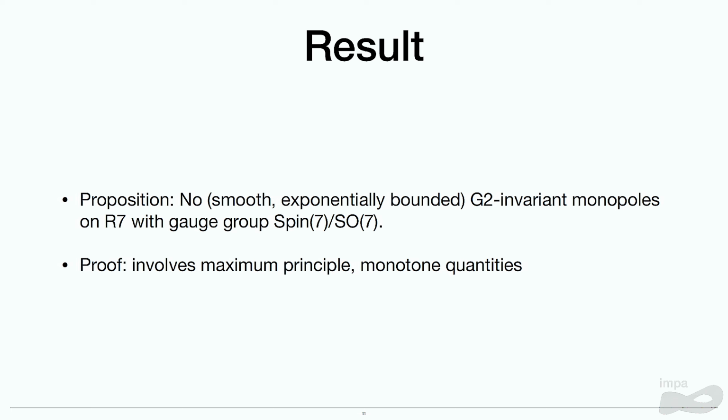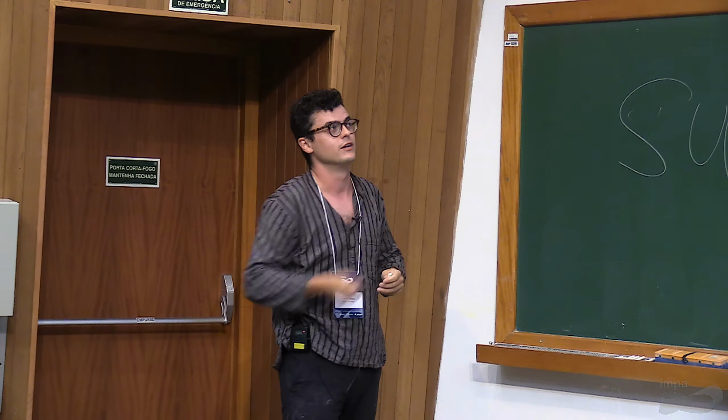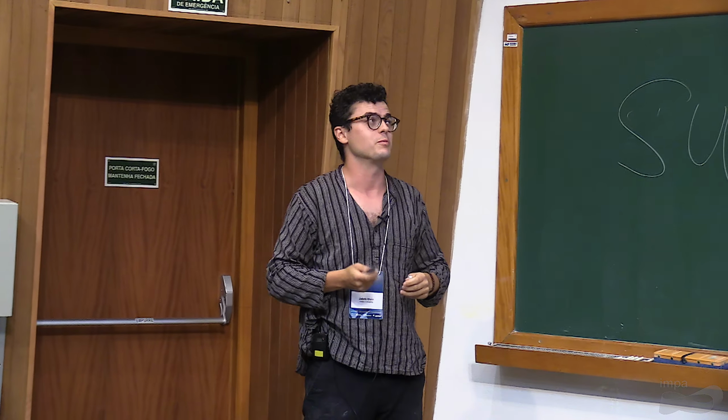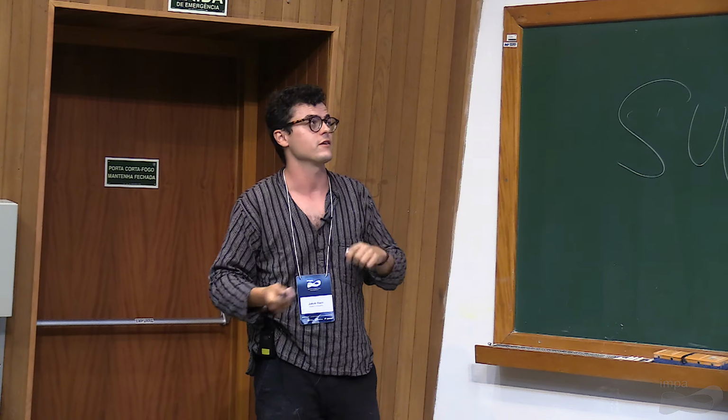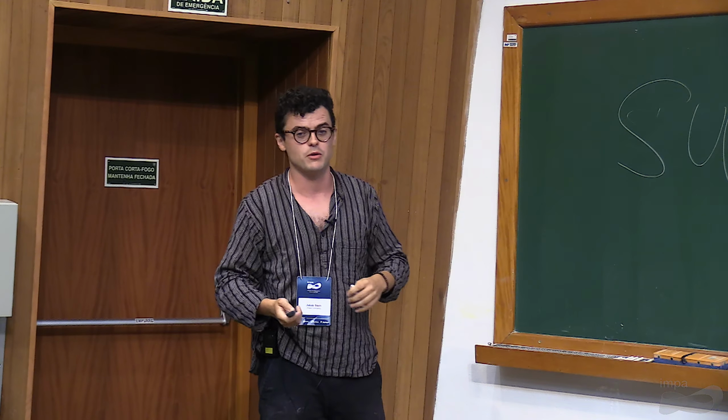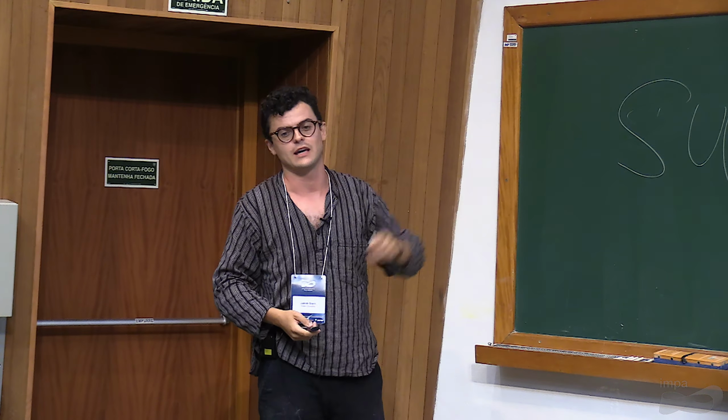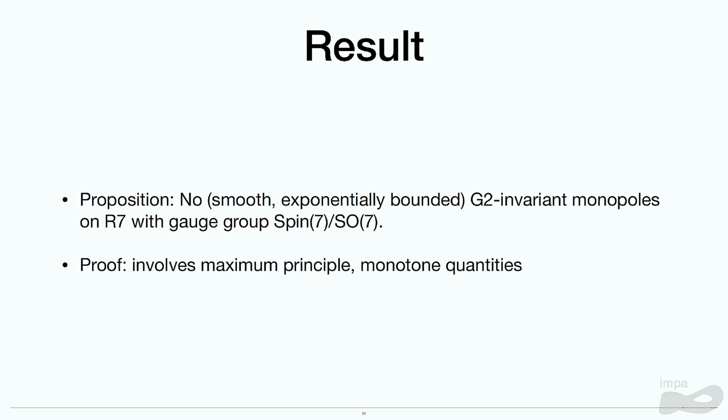So I'm putting that caveat there: G2-invariant monopoles on R7 with gauge group Spin 7 or SO7. Actually, it's not just this ansatz. If you write down what the equations would be for the general G2-invariant monopole on R7 with gauge group Spin 7 or SO7, it reduces to the ODE that I wrote down.